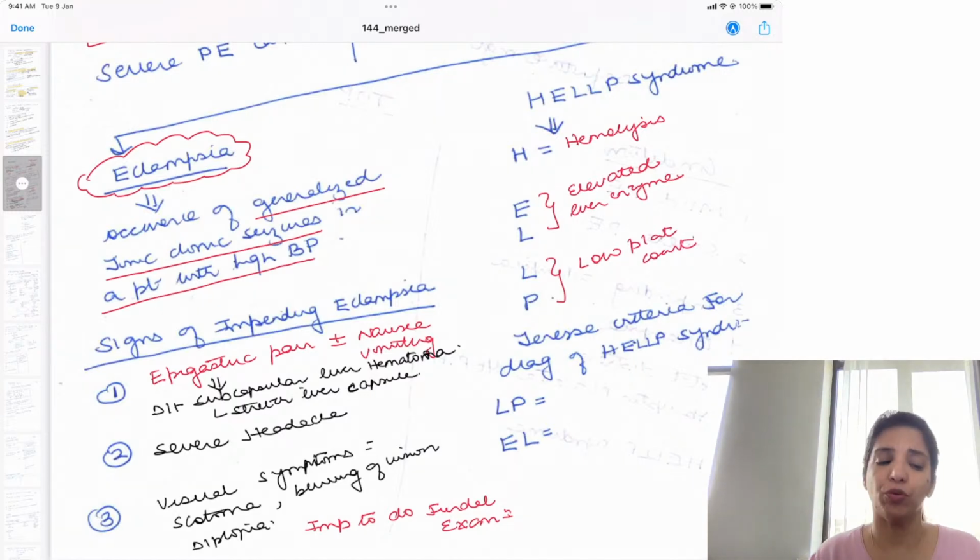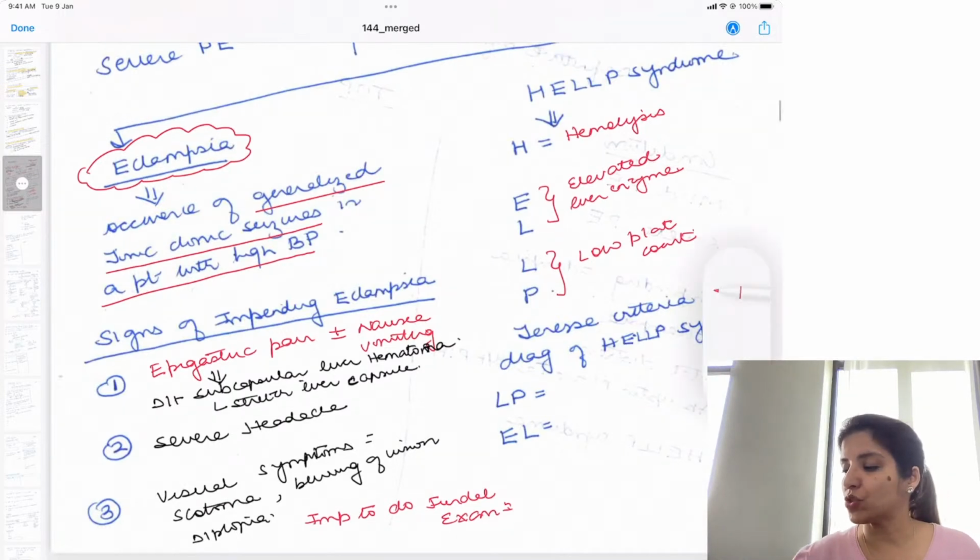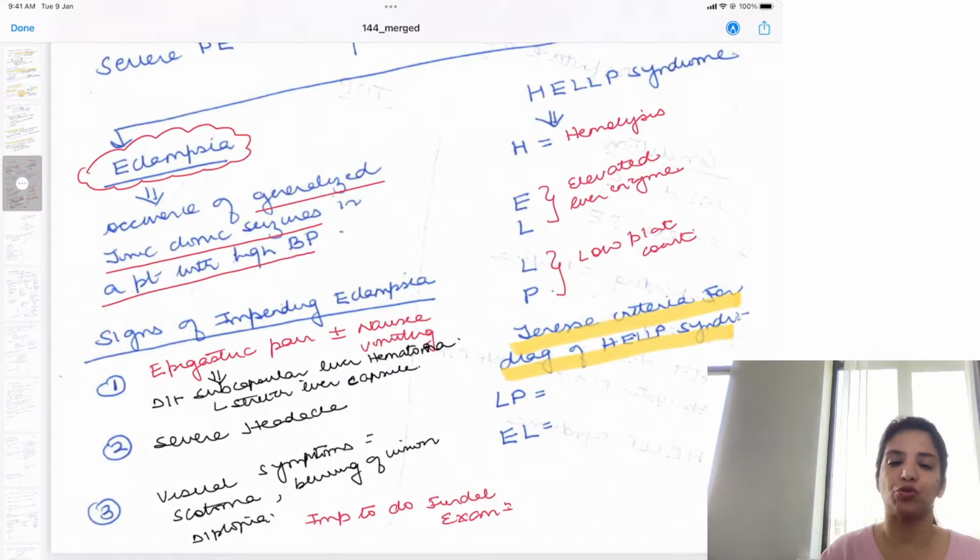I think all of you know this, so I don't have to tell anything more here, but I need to discuss with you all the details related to HELLP syndrome. Now, there is something called Tennessee criteria for diagnosing HELLP syndrome.